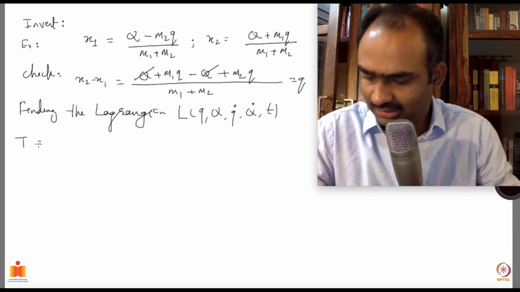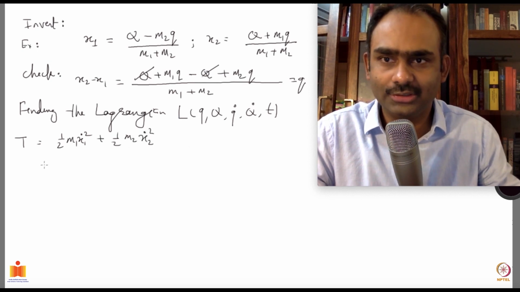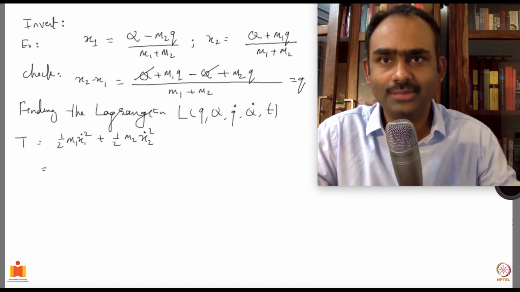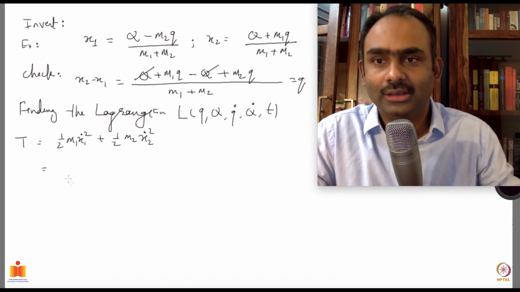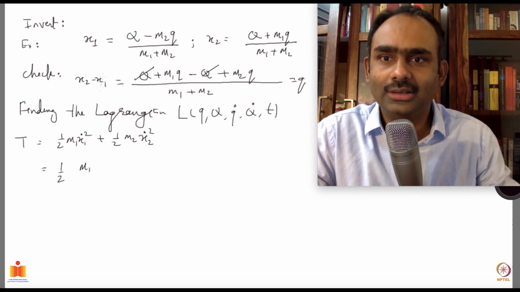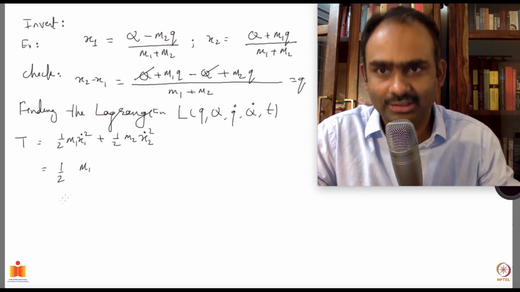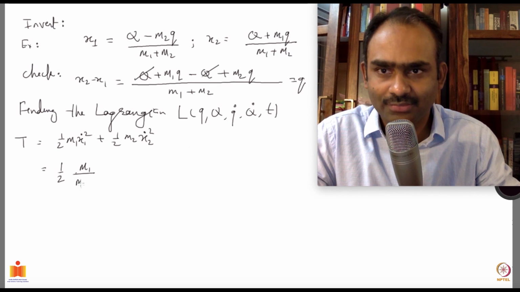So your T is, as before, half m1 x1 dot square plus half m2 x2 dot square, and let's substitute our x1 and x2 from here. So you get half m1 x1 dot square. This will involve m1 plus m2 whole square in the denominator.